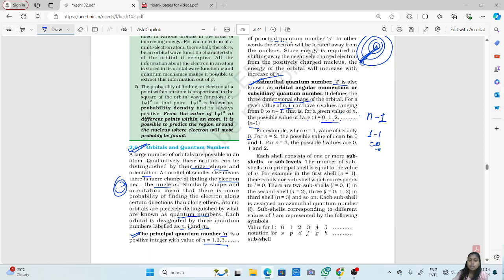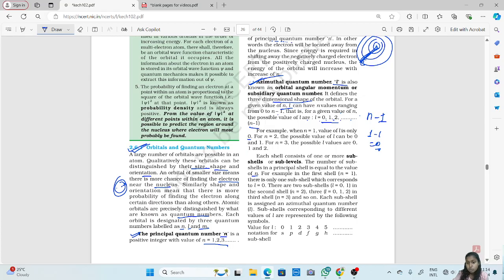Each shell consists of one or more subshells or sublevels. The number of subshells in a principal shell is equal to the value of n. For example, in the first shell, n equals 1, there is only one subshell, which corresponds to l equals 0. There are two subshells, l equals 0 and 1, in the second shell.